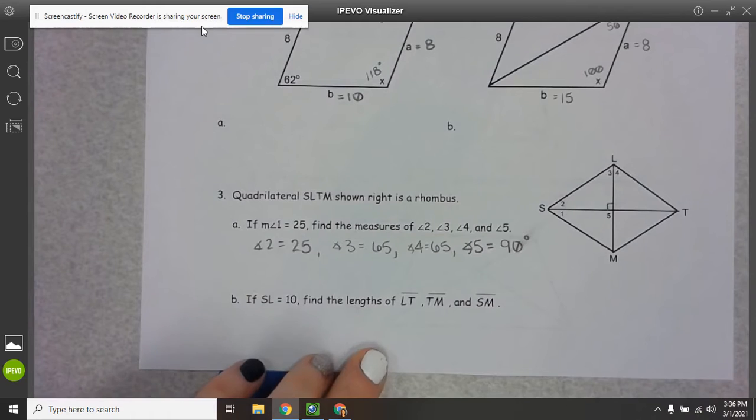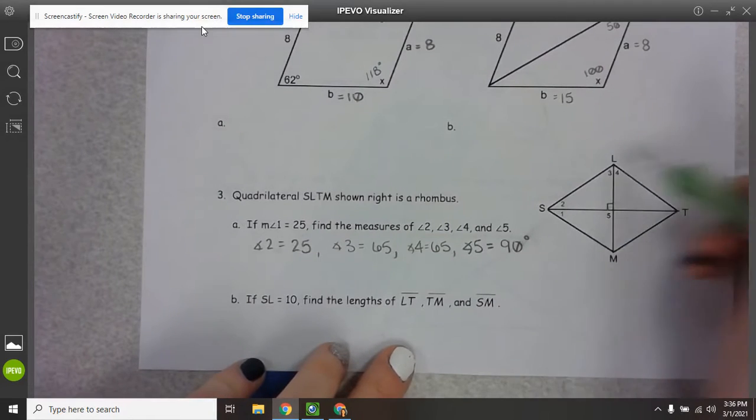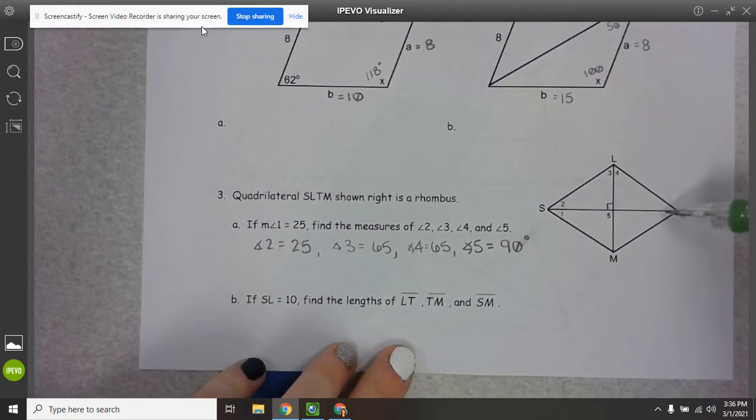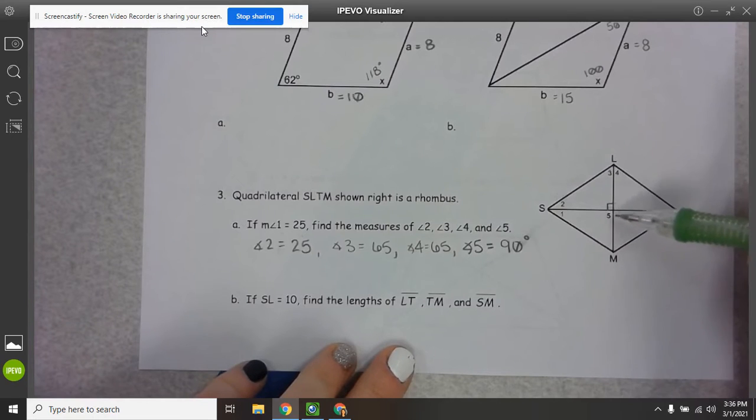So I could continue filling this in. Angles 1 and 2 here are both 25. That means both of these here are 25. These are both 65, so these are both 65. And all 4 of these here are 90.